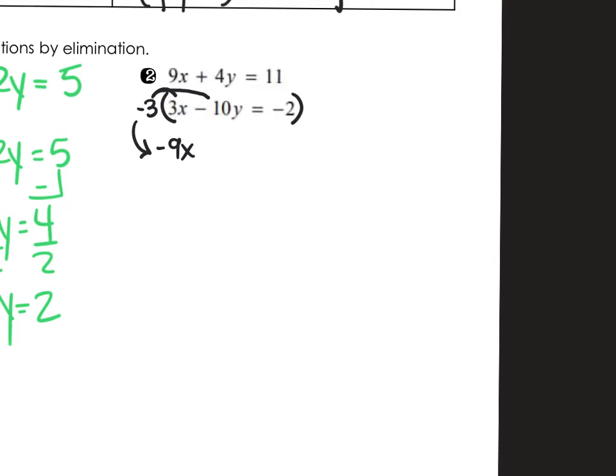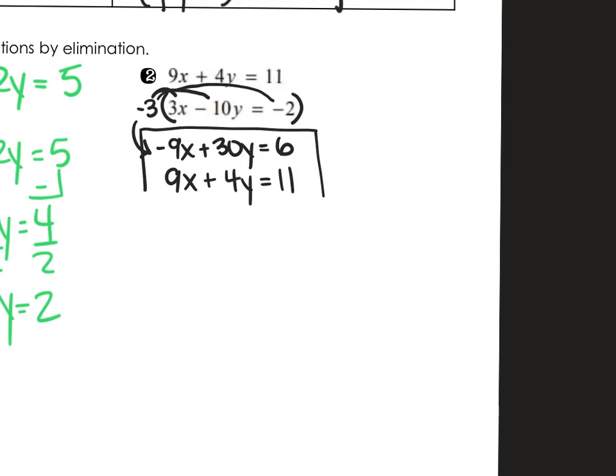Negative 3 times negative 10y is 30y. And then negative 3 times negative 2, don't forget that far side, is 6. Okay, this top original equation, I'm just going to rewrite that one so it's right underneath here. So these are now what I'm working with.